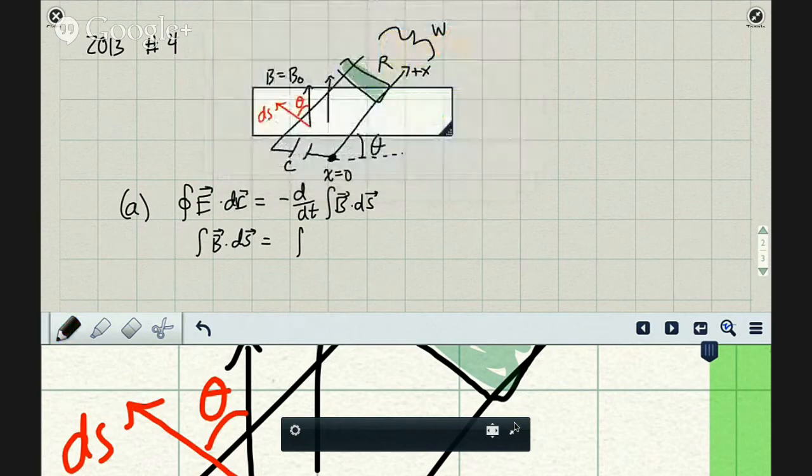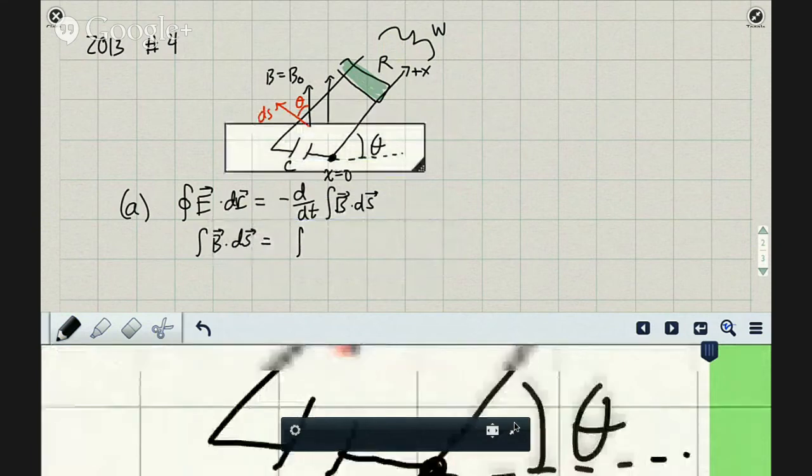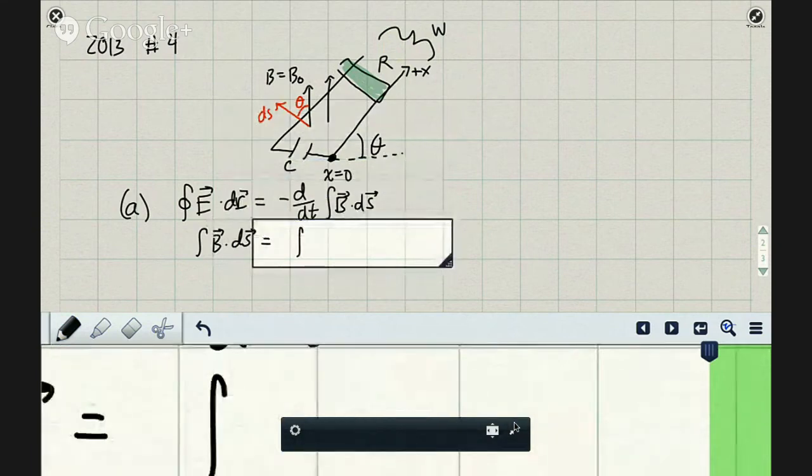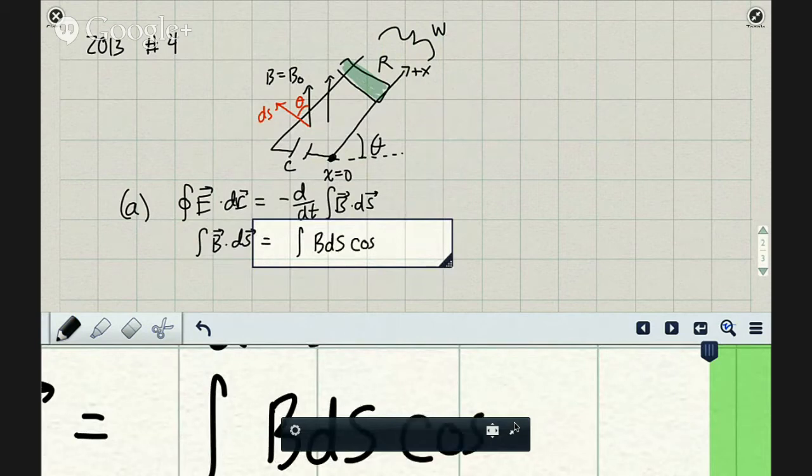That makes sense? If not, just go ahead and say something about it in the chat. I'll go ahead and bring it up again, all right? So let's keep going here. So the integral of B dot ds, as we see, is B times ds times the cosine of the angle between B and ds. It's cosine of theta here, all right?